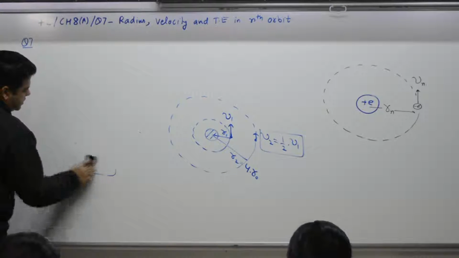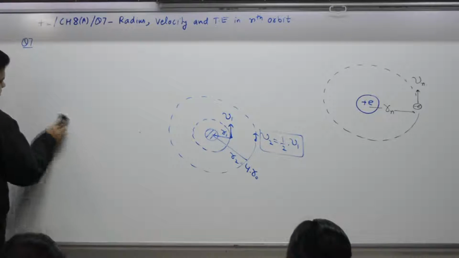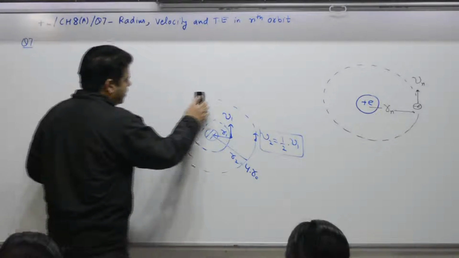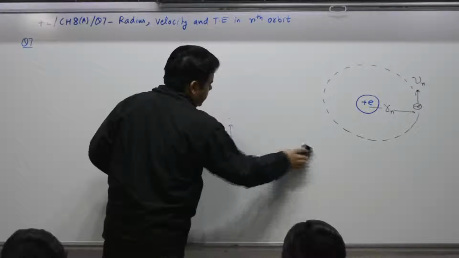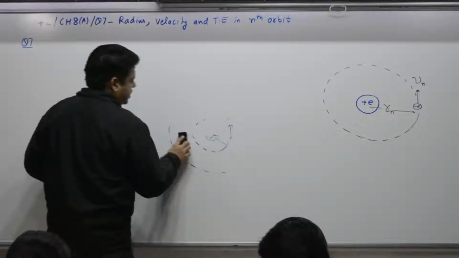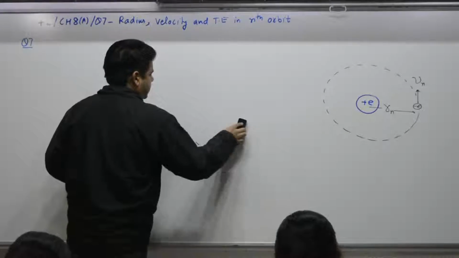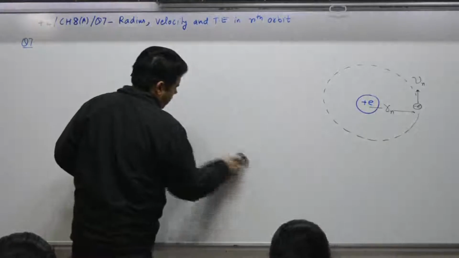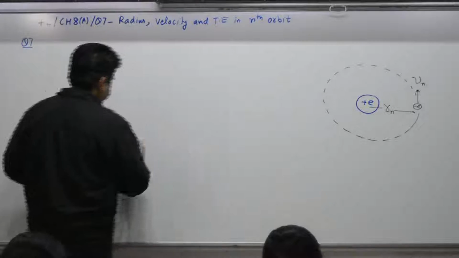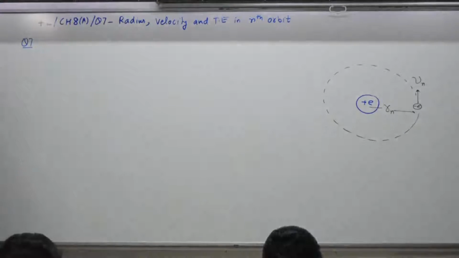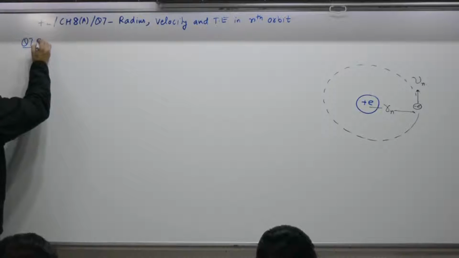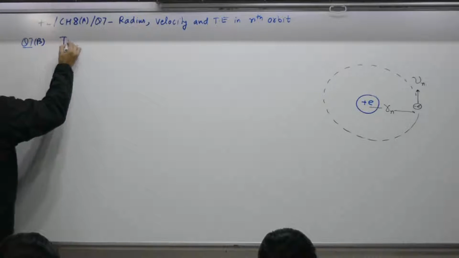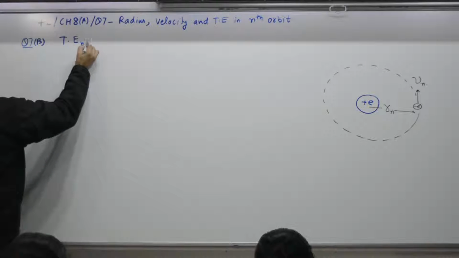Part B of question number 7 deals with energy, the total energy of the electron in the nth orbit.